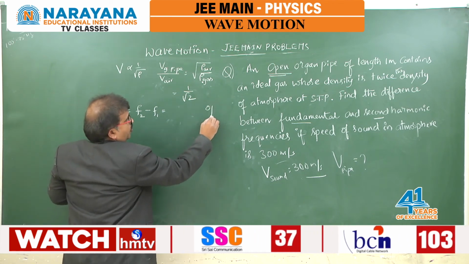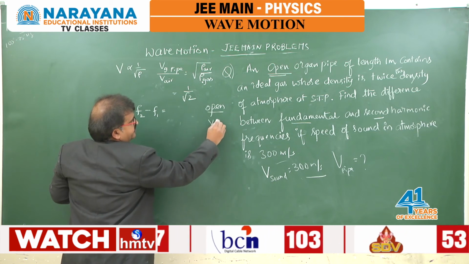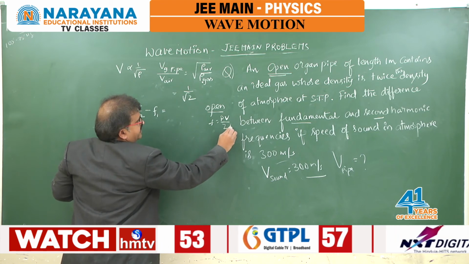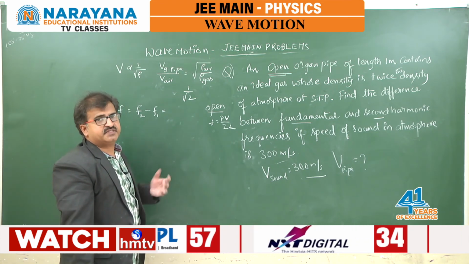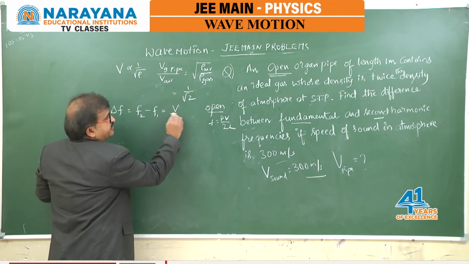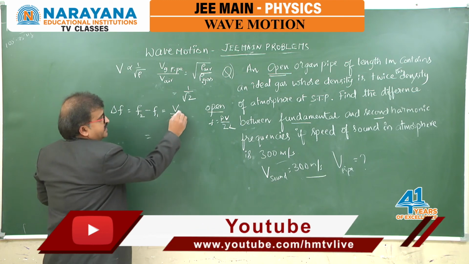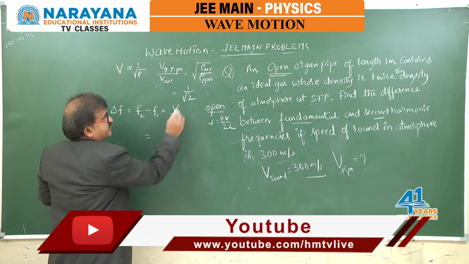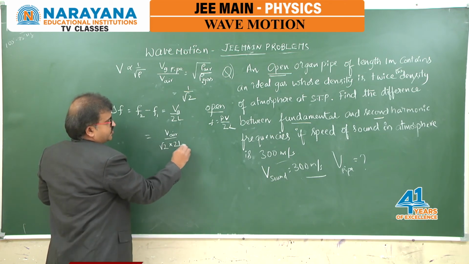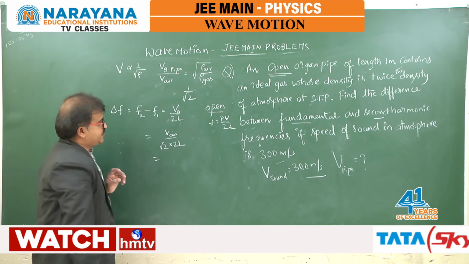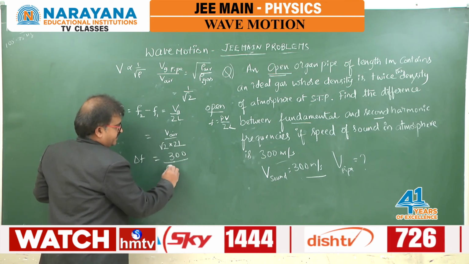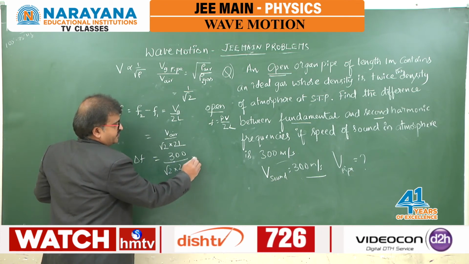In an open organ pipe, frequency is equal to pV by 2L, where p stands for the harmonic. So successive means here it becomes V by 2L, that 2 in the gas, which is equal to V of air by root 2 into 2L. Upon substitution, delta f is equal to 300 by root 2 into 2 into 1.